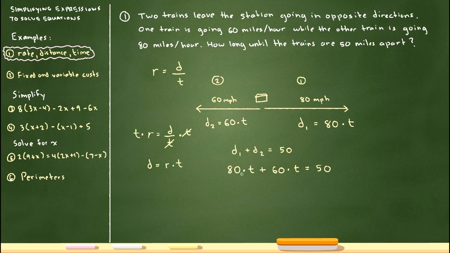This represents a distance, and this represents a distance, and the addition of those distances should be 50. The setup for this particular question is a little bit difficult, a little tricky. But once you start playing around with distance, rate, and time problems, then we get to this portion here.